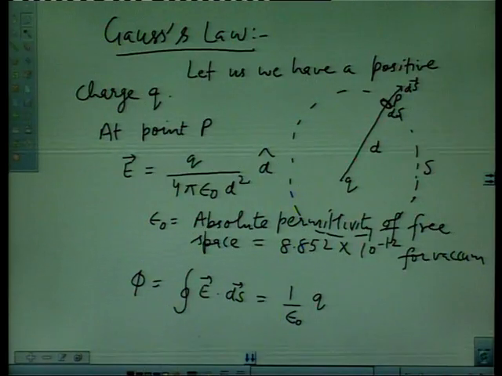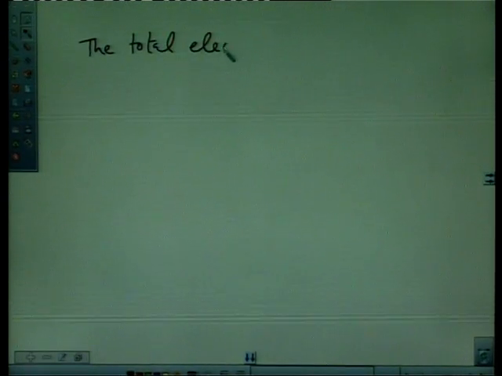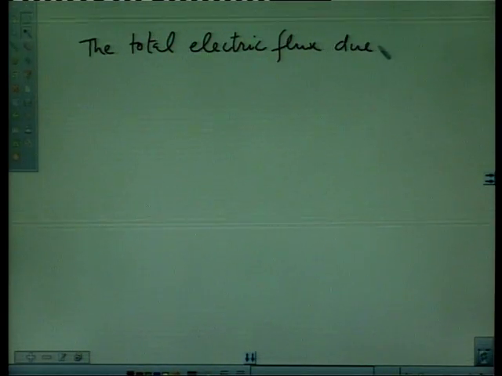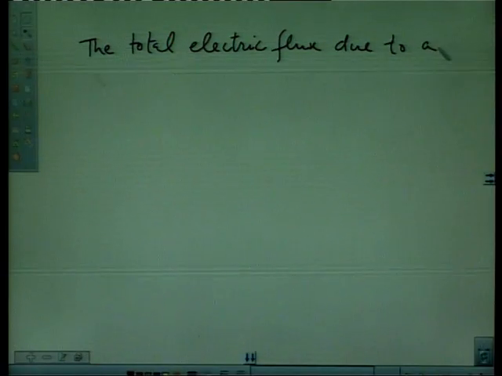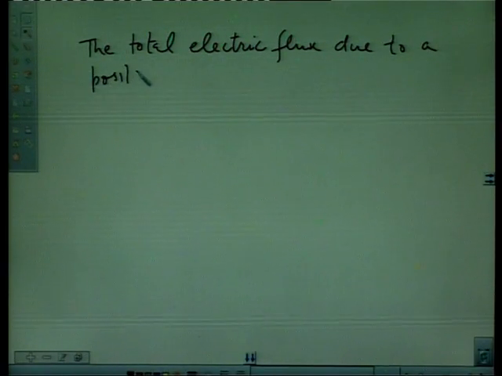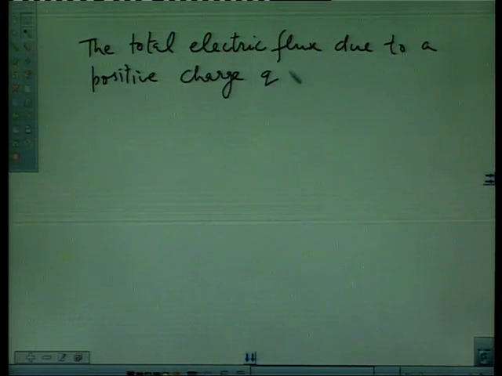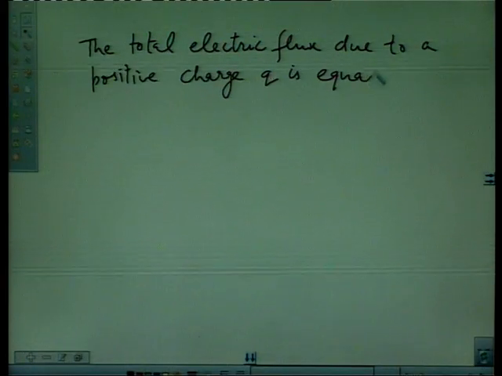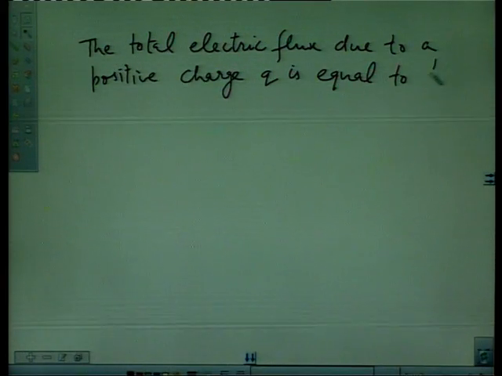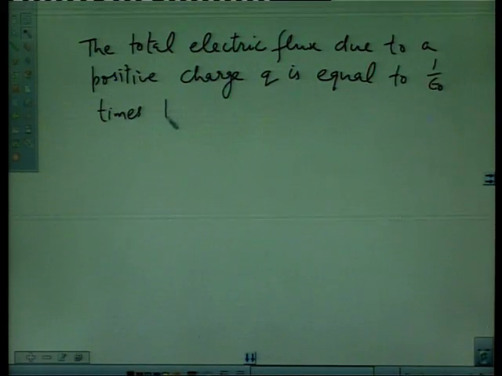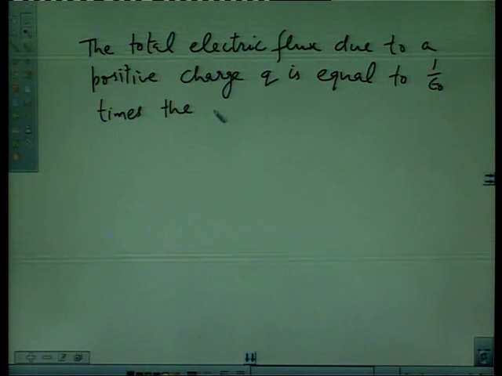So, we can say that the total electric flux due to a positive charge q is equal to 1 upon epsilon naught times the charge itself.